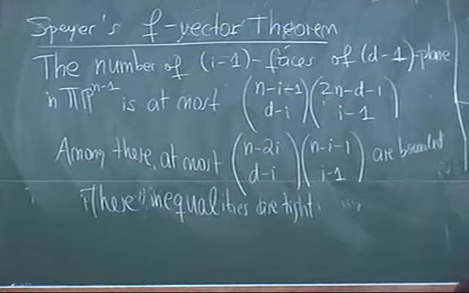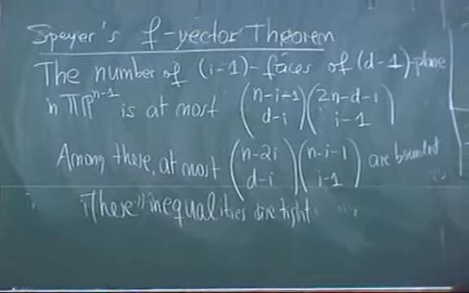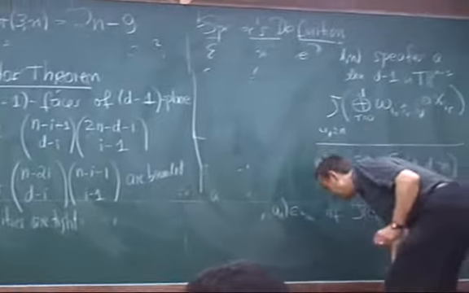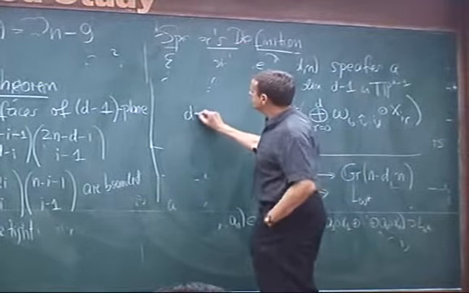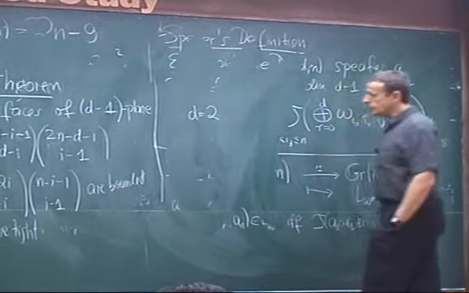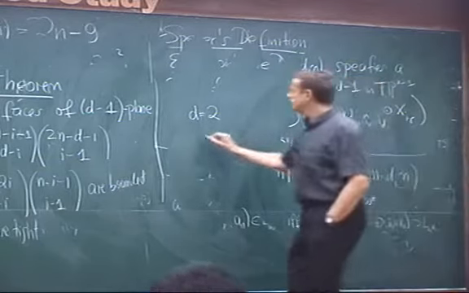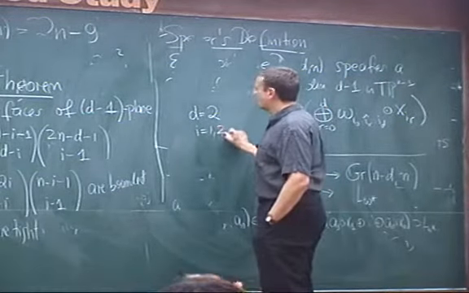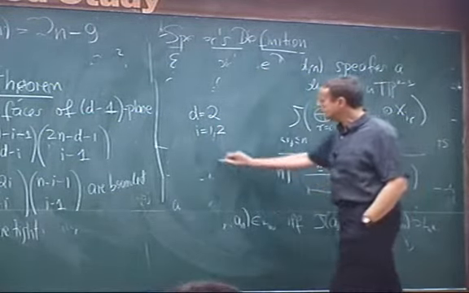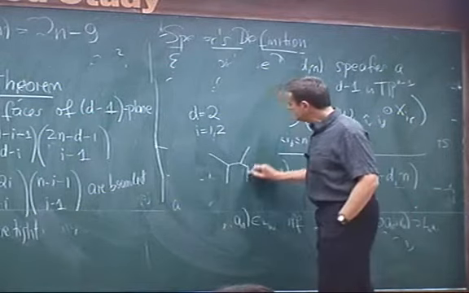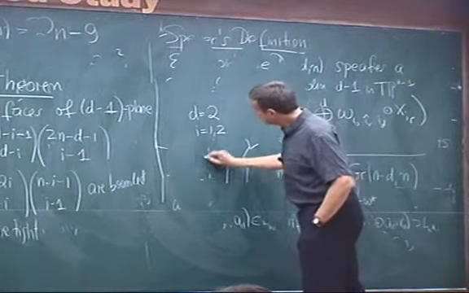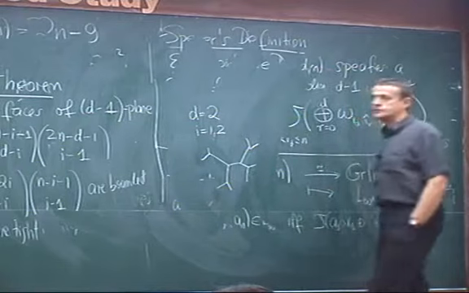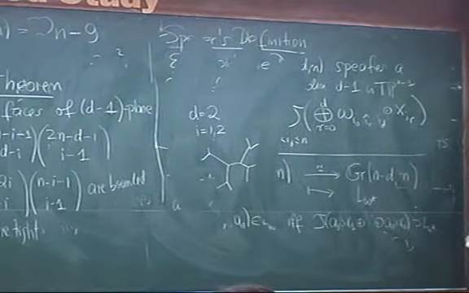First of all, what does this say for trees? So for trees, we have d equals 2, and then i is either 1 or 2. The most edges and vertices you're going to have is on a trivalent tree.